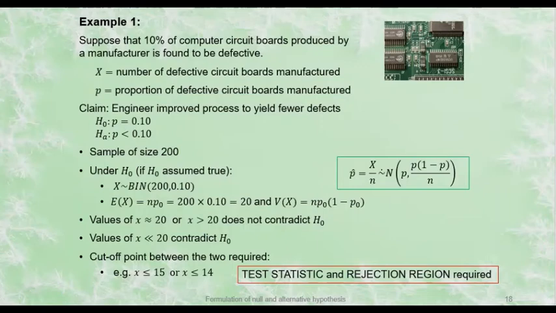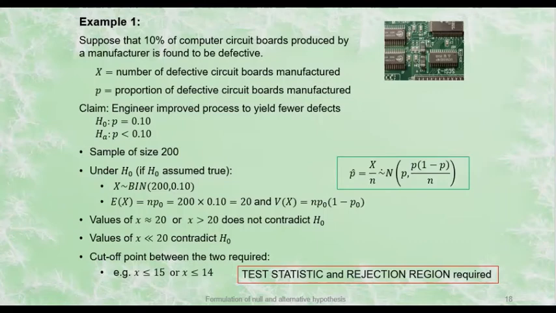It means that in the past 10% of the boards were found to be defective, the proportion was equal to 0.1, but now they improved the process and we have fewer defects. So now the proportion is less than 0.1.